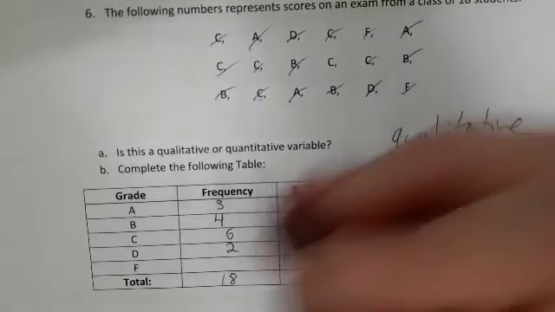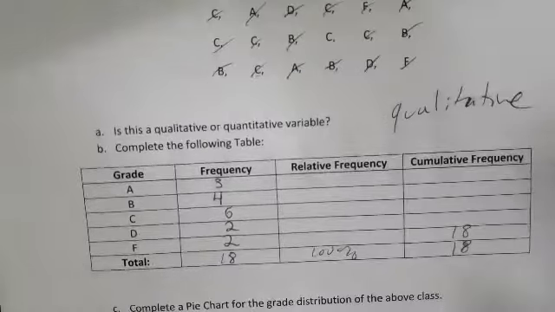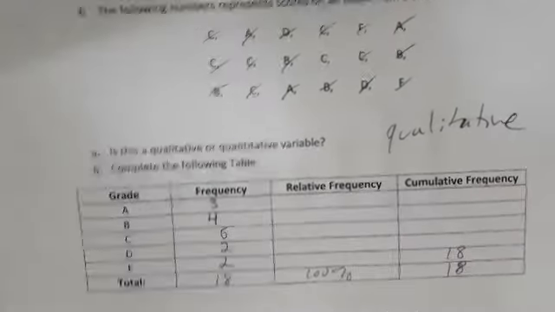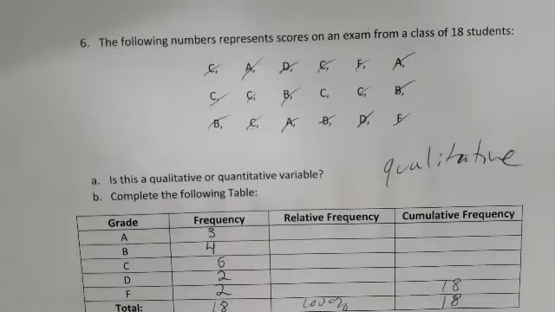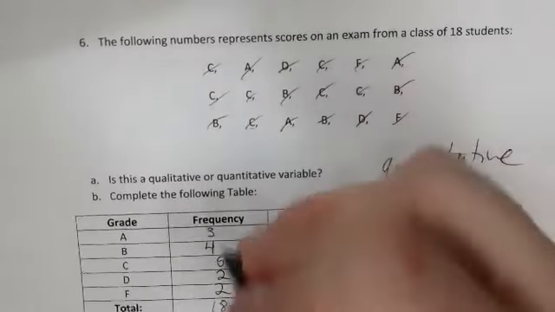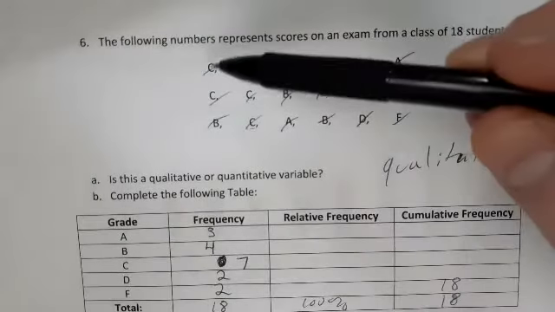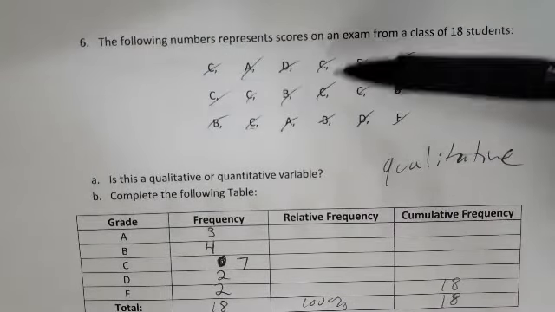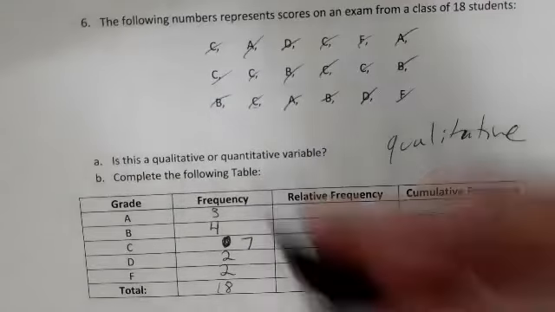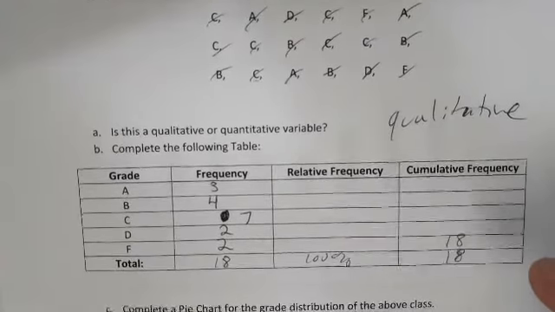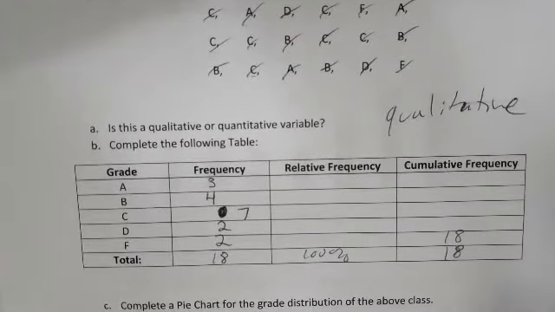And 1, 2 F's. And if I count them, this is 10, 13, 14, 15, 16, 17. Where am I missing one? Missing a C. Double check. 1, 2, 3, 4, 5, 6. There are definitely 7 C's. Okay. 14, 16, 18. Should count up.